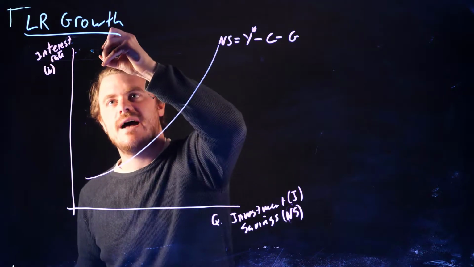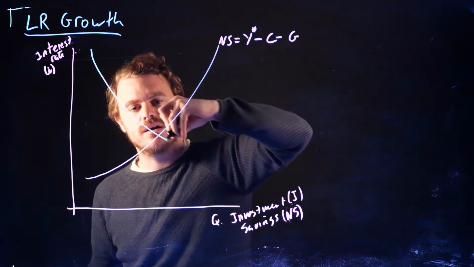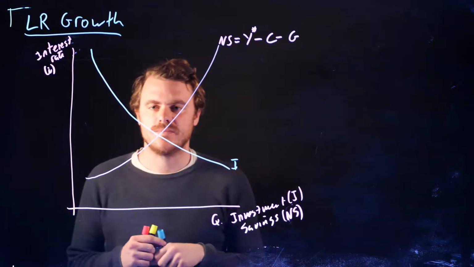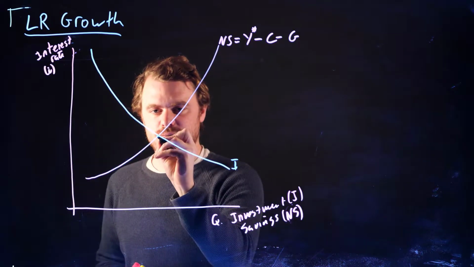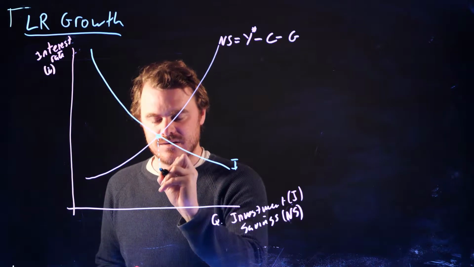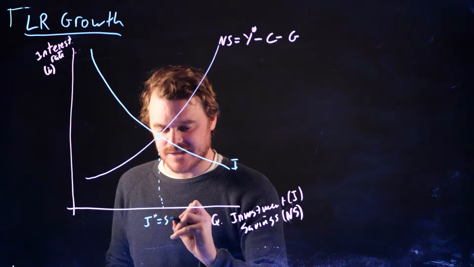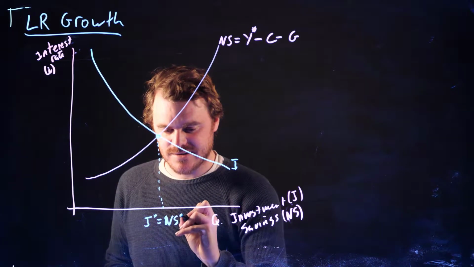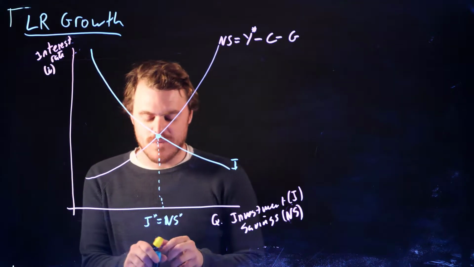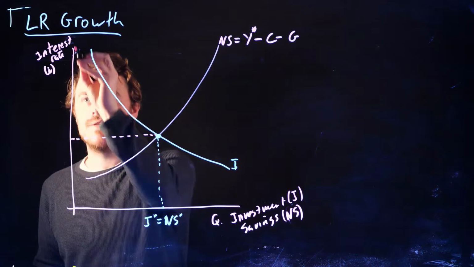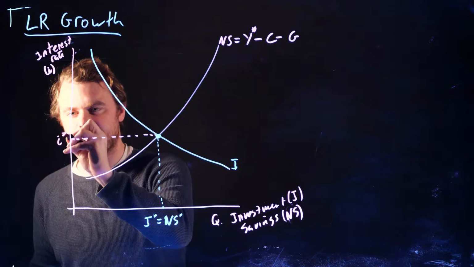And we have this downward sloping desired investment. Where these two meet is where I star equals national savings. It's where the market will clear, and that's determined by this price, which is the interest rate.